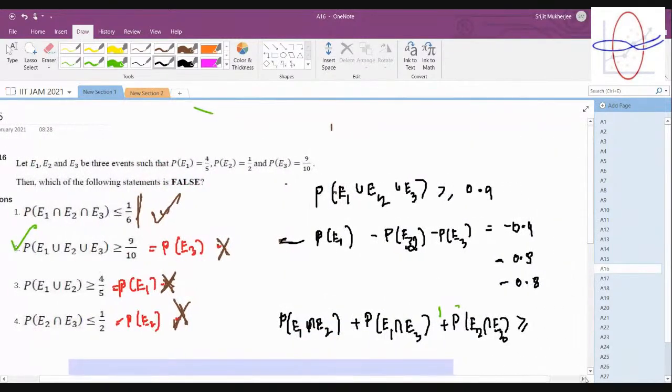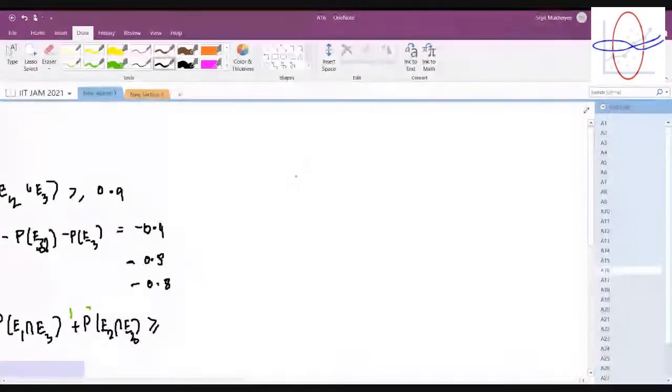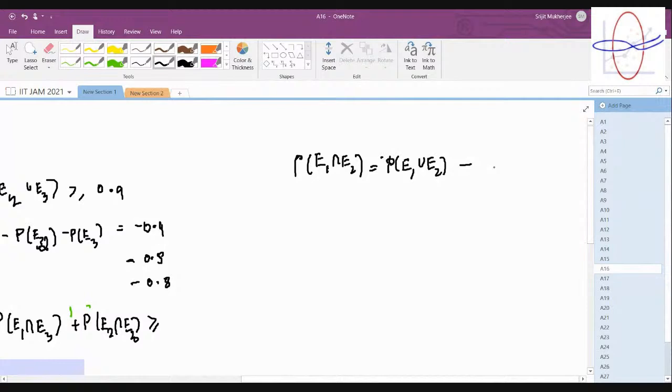So what we get over here is that probability of E1 intersection E2 is equal to probability of E1 plus probability of E2 minus probability of E1 union E2.